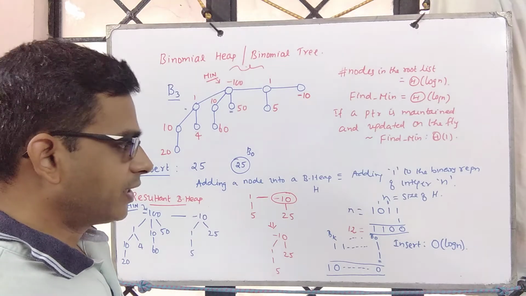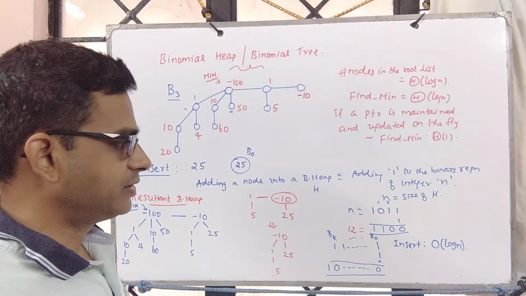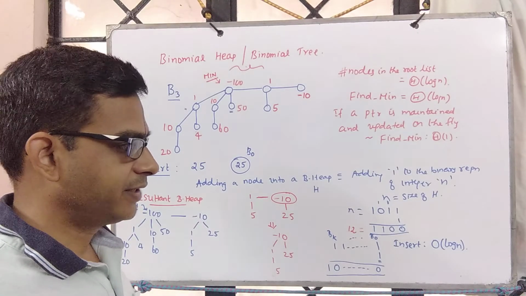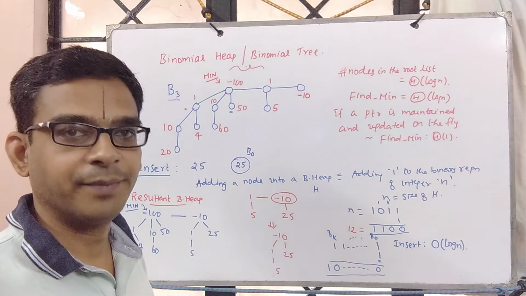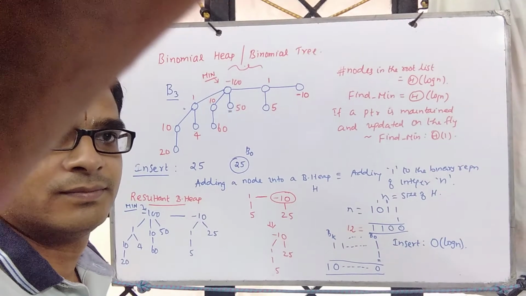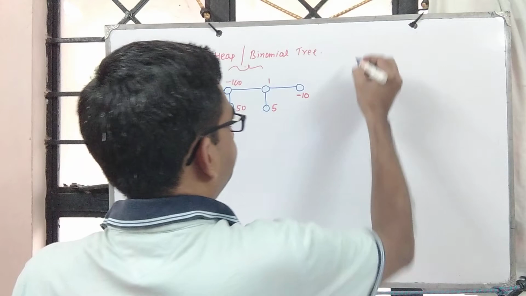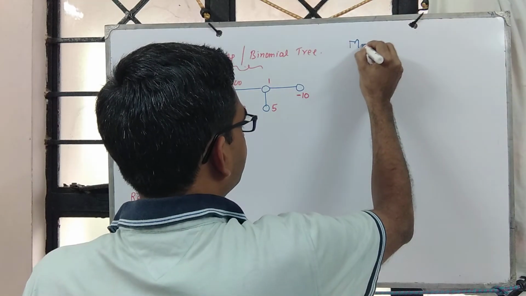Okay, now we shall look at other operations and see what is the complexity of those operations in the context of binomial heaps. So next let us look at merge.